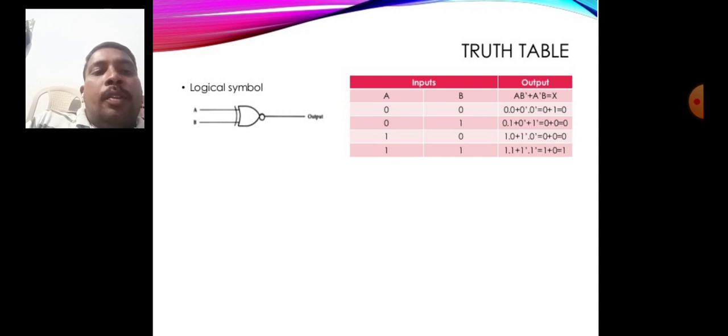If input A is 1, that is high, and B is 0, that is low, the output will also be 0.